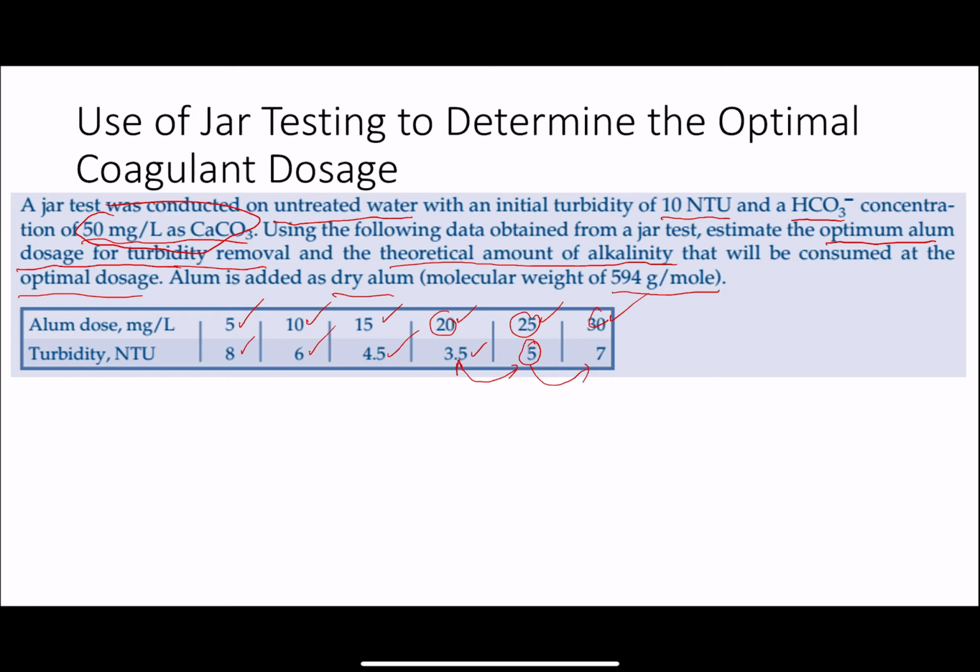So if alum is going to treat turbidity and also particles and dissolved materials in water, it also will react with alkalinity, and that's not good. So we need to know how much alkalinity out of 50 will be removed because of this alum addition.